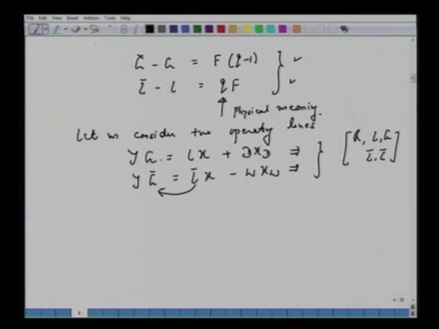So if you have these two equations, now if we subtract, you can show that G bar minus G into y. So look at this, G bar minus G. This is how we are going to get the Q line equation. G bar minus G into y same as L bar minus L into x minus W xW plus DxD.